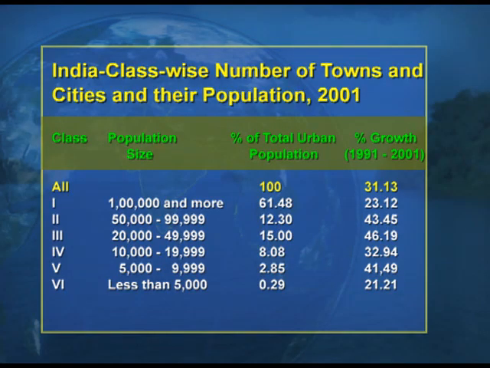Look at the screens, and this will tell you about the class wise number of towns and cities, because the cities are classified into 6 types: 1, 2, 3, 4, 5 and 6. These types are based on the size of population. If you look at the table from the bottom, you will find that class 6 towns have a population of less than 5,000.